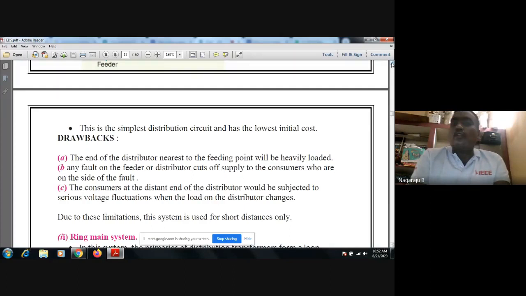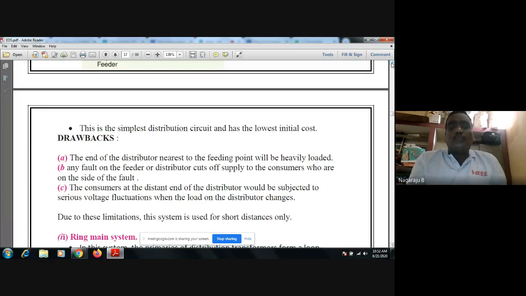The distributor has different sides of connection, and because of the load variation you have serious voltage fluctuations. So this is about the one fault.